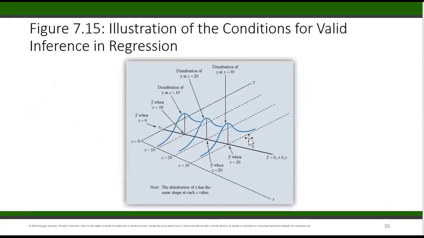At each small range of x, if you just take the regression and find the residuals at each small neighborhood, at each point, you should get a normal distribution with the mean of 0 and a constant variance.